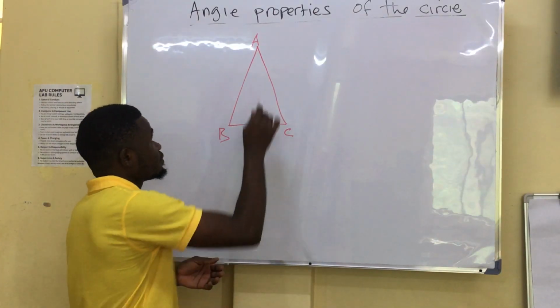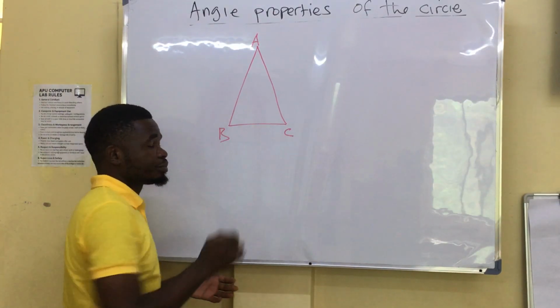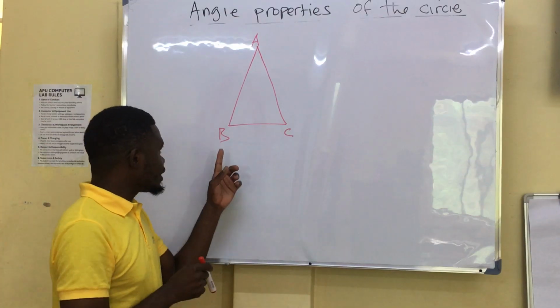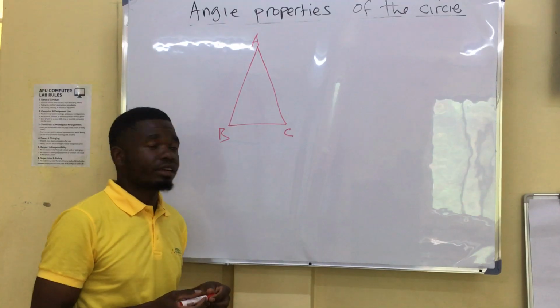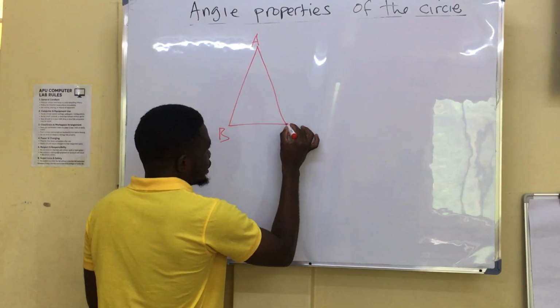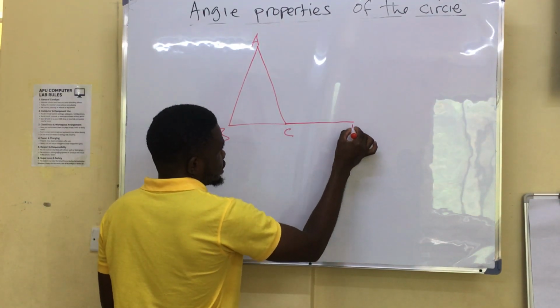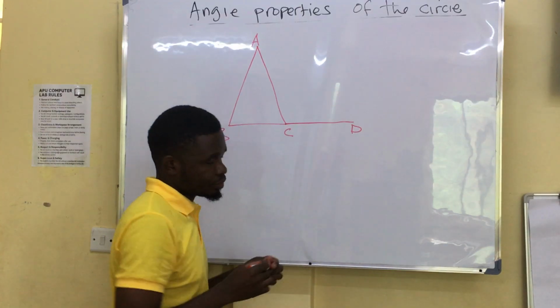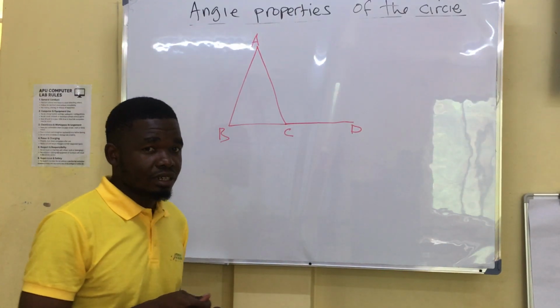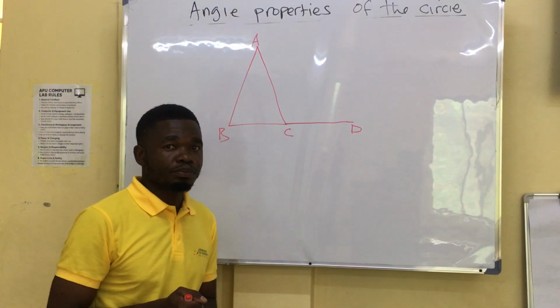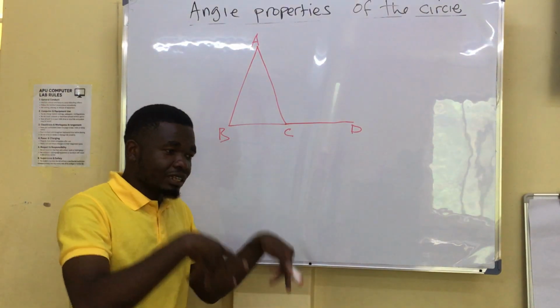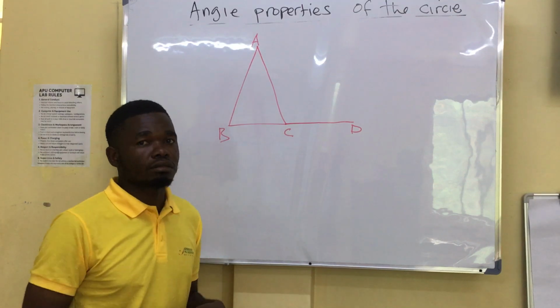So you have this angle, this angle, and this angle. But what if the line BC is extended somewhere else, and let's label it D? Meaning that from this diagram we now have four angles: three angles inside the triangle, one angle outside.